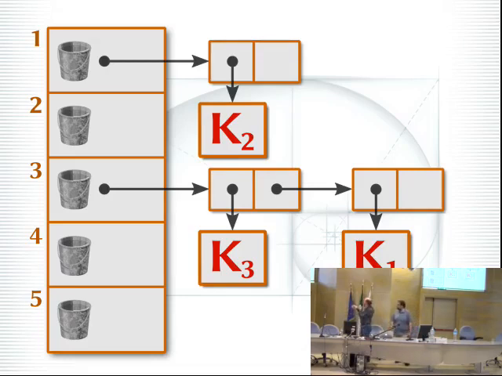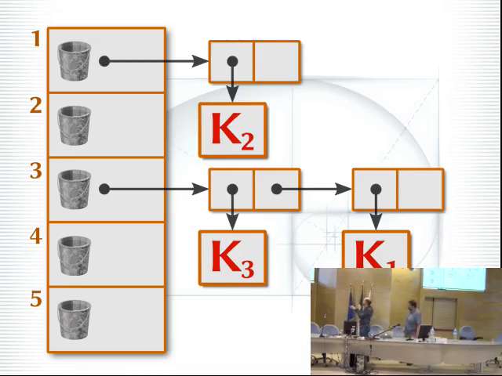And then you have to go to another object, and we're assuming that every object is in a different cache line. So if I want to get to key 2 or key 3, I incur 2 cache line reads, one for the section of the table, one for the linked list object. By the way, this is for an identity set, so to do the lookup we're only looking at the identity pointer.